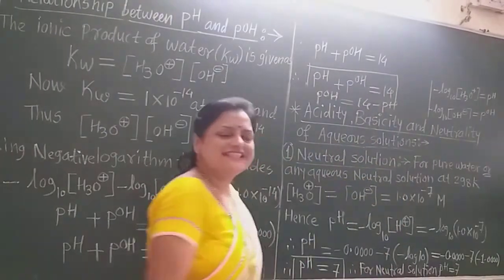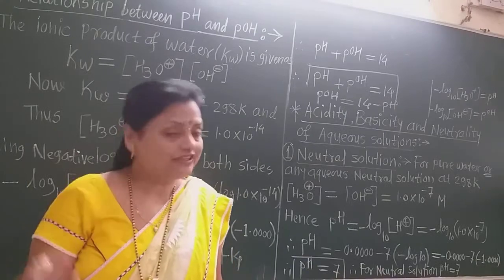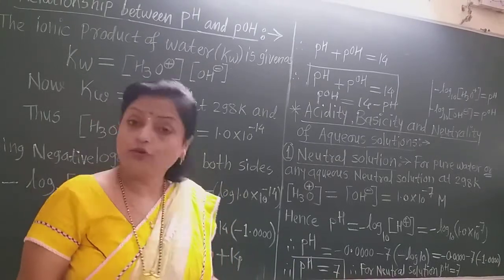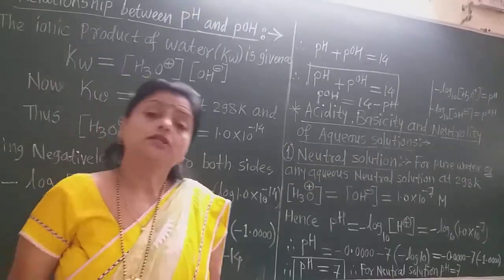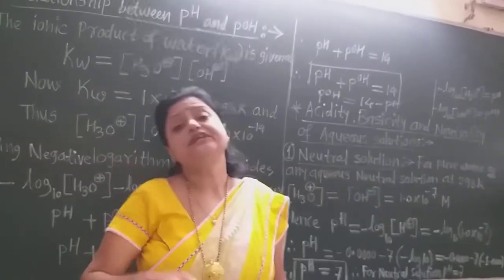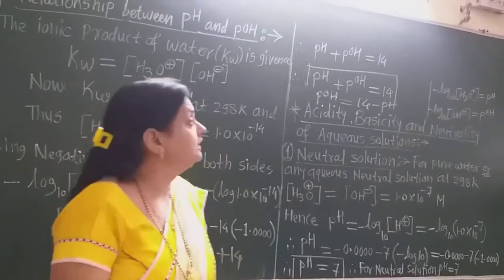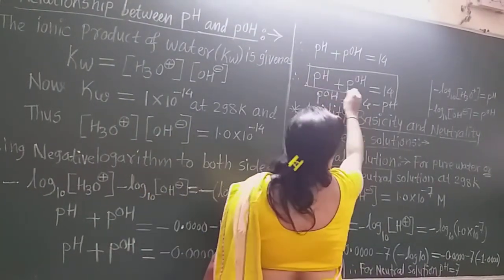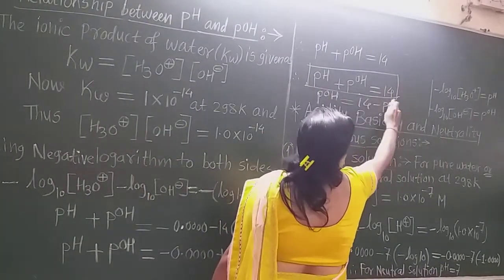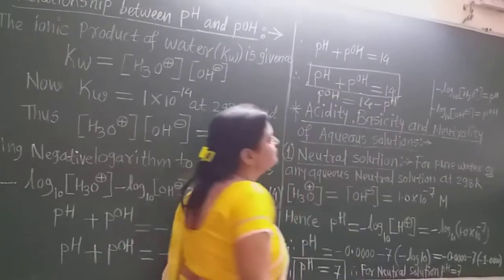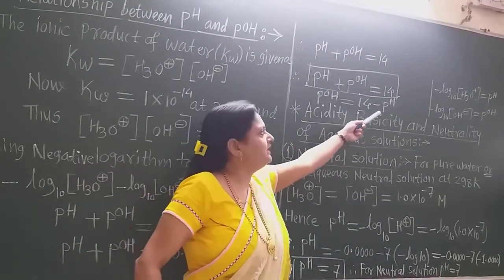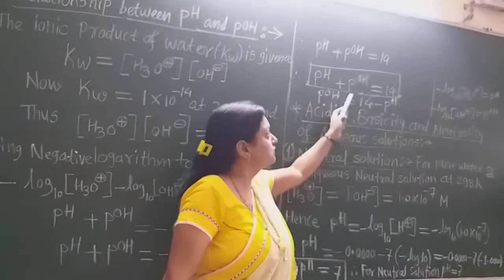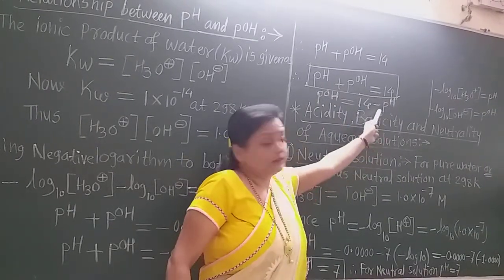Suppose pH is 10, then pOH is 4. That means the summation of pH and pOH is always 14. And if pH is given and we have to calculate the pOH, then just subtract pH from 14, because pOH is equal to 14 minus pH.